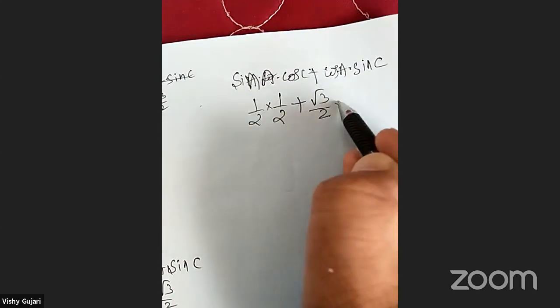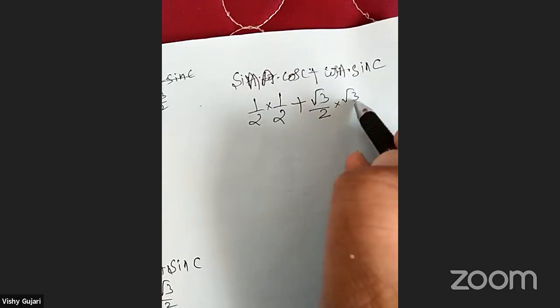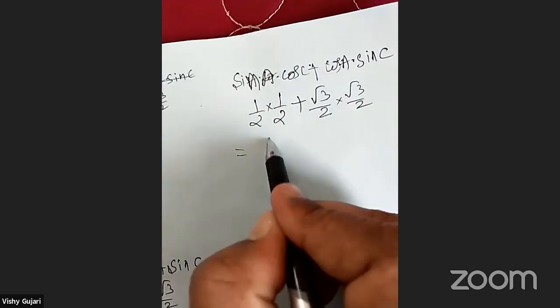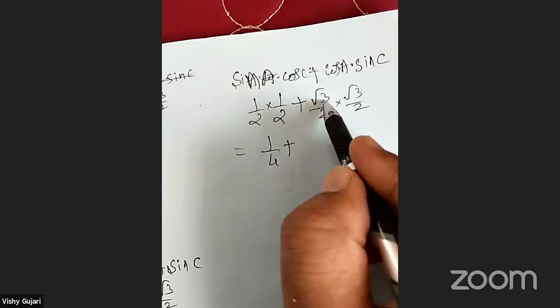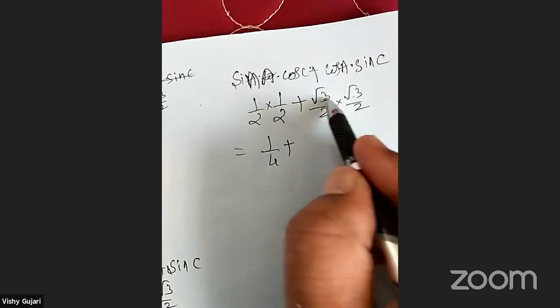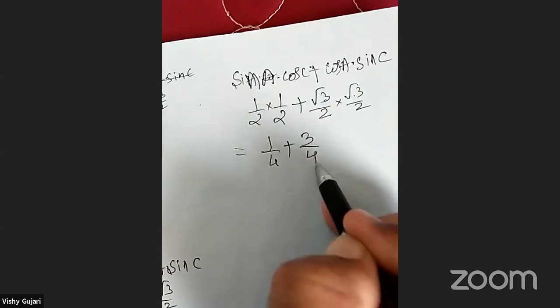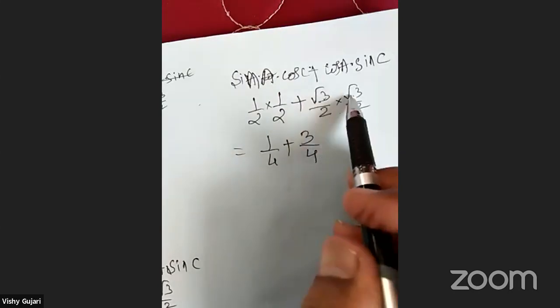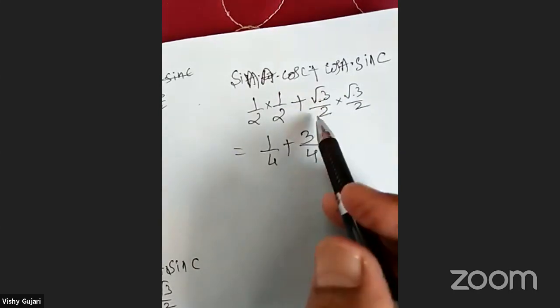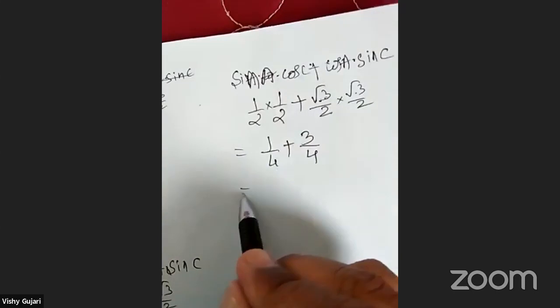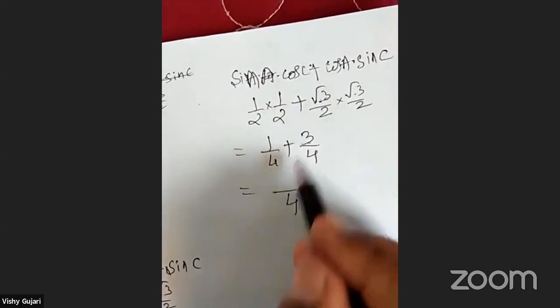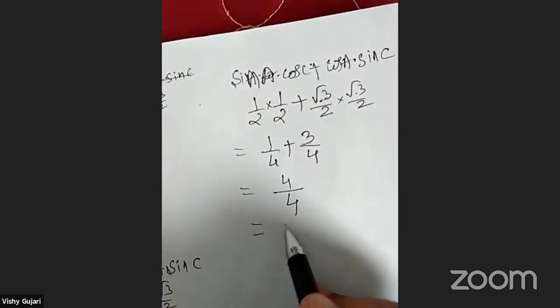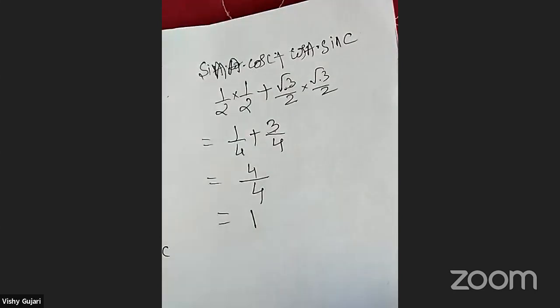Sin C, root 3 by 2. So 1 by 4 plus root 3 into root 3 by 4. When you are multiplying, it will become 3 only. So 3 by 4. LCM is 4. 1 plus 3 is 4, 4 by 4 is equal to 1. Write down.